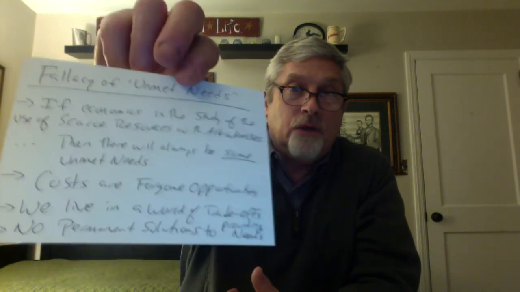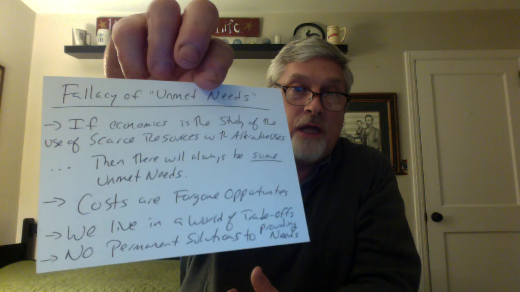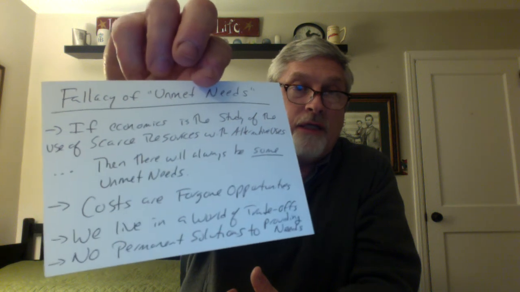What you live in, in the real world, is a world of trade-offs, where if you choose one route, one preference, you're going to forego others. We call that opportunity costs. And so that's the world that you live in. That's reality, as opposed to a politician telling you that you can have your cake and eat it too.